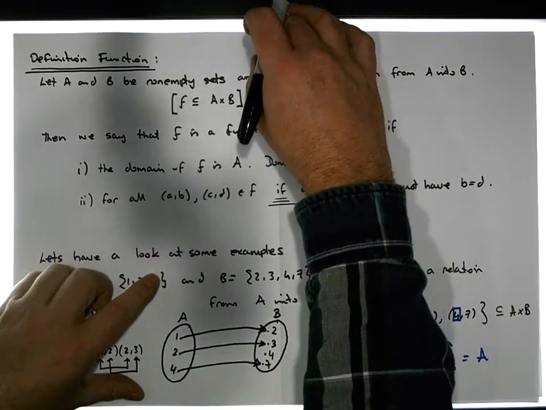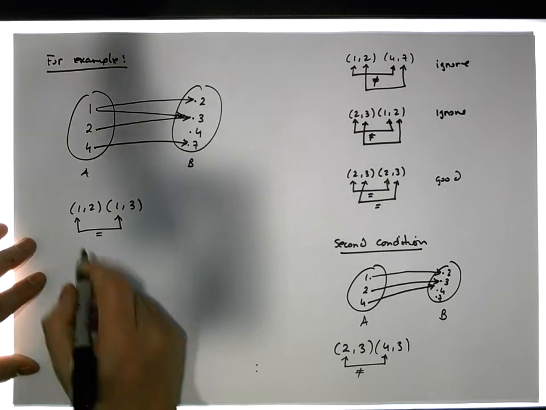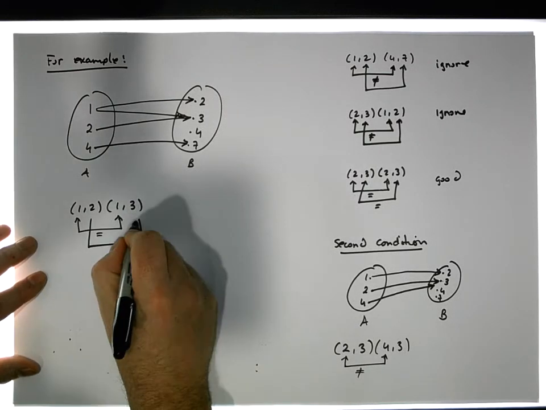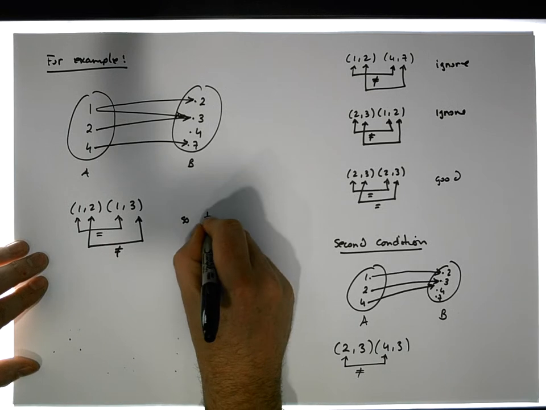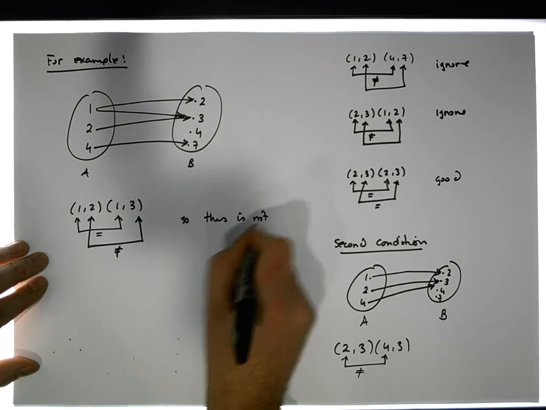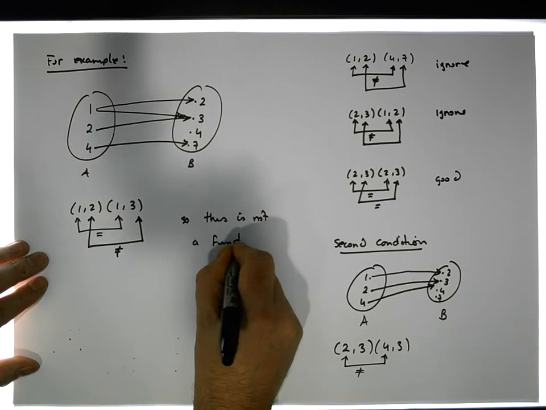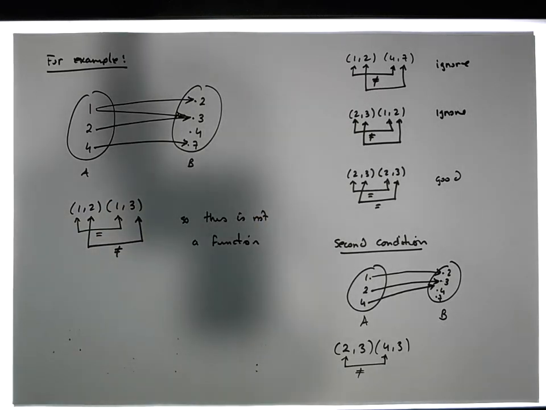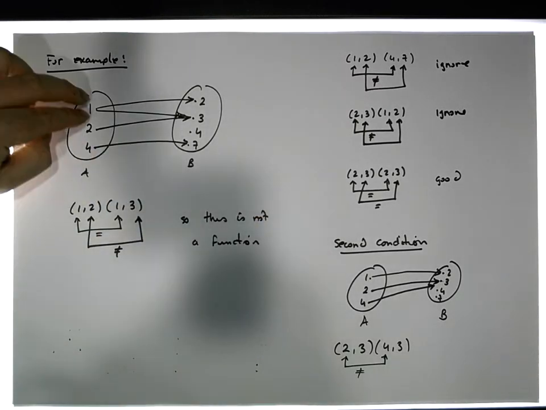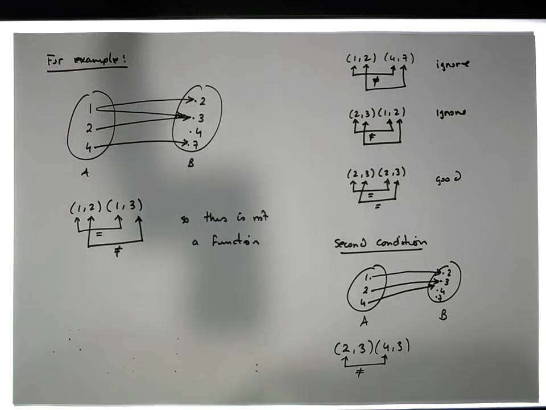But in this situation, the 2 is mapped into the 3, and these are not equal, so this is not a function. So this thing up here isn't a function, if that makes sense. You can sort of see it here. Maybe if I get another pen, a red pen.